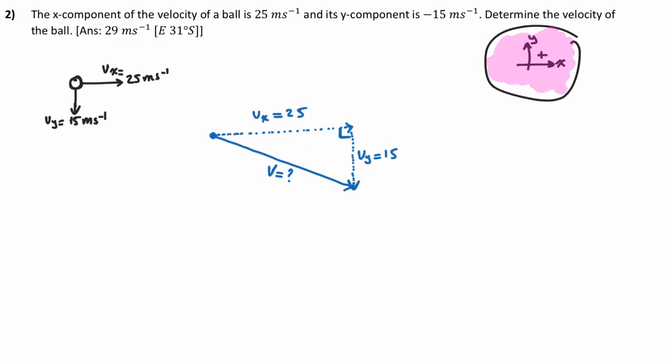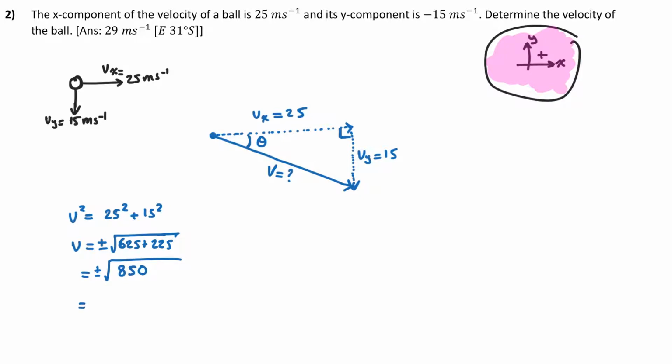For the velocity, I need the magnitude, and I also need an angle later. For the magnitude, I'm going to use the Pythagorean theorem. So v squared is equal to 25 squared plus 15 squared. So v will equal plus or minus the square root of 625 plus 225, so that's plus or minus the square root of 850.